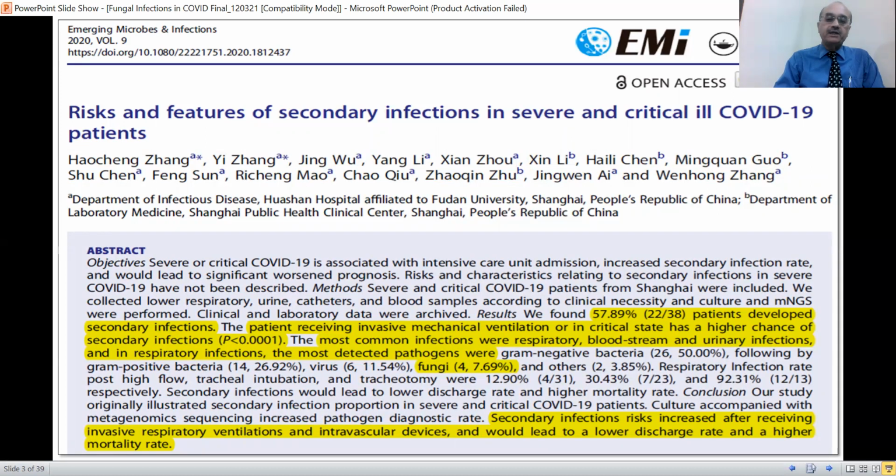Among the respiratory infections, fungi constituted almost 8% of these secondary infections. And the risk for these secondary infections definitely increased after receiving mechanical ventilation and many intravascular devices.